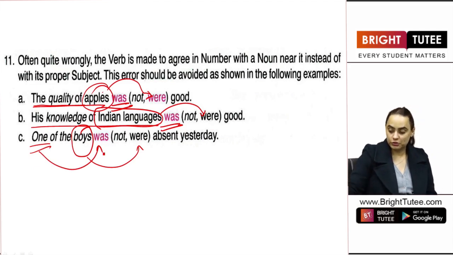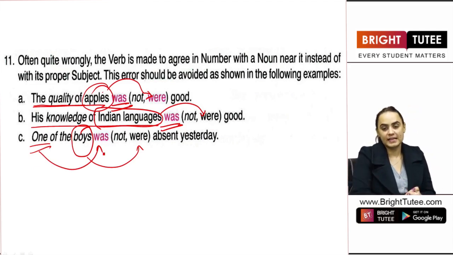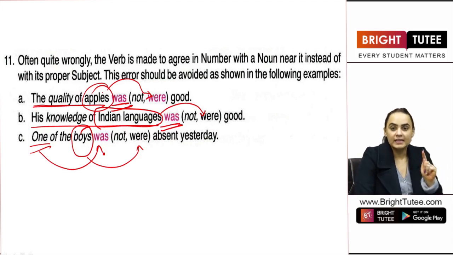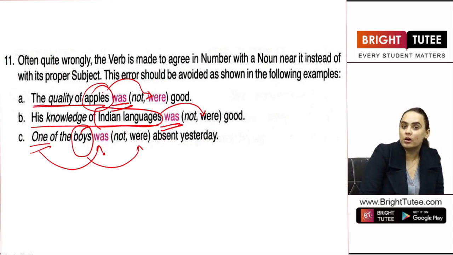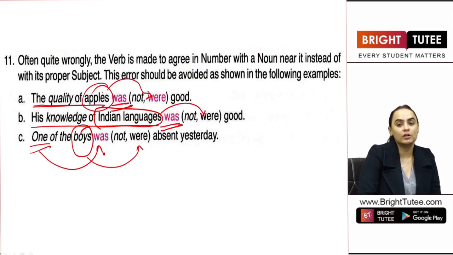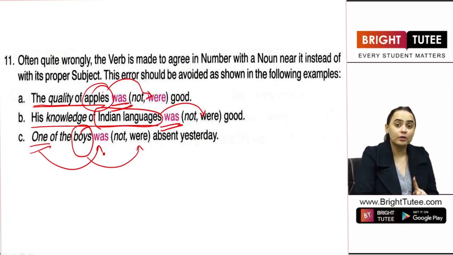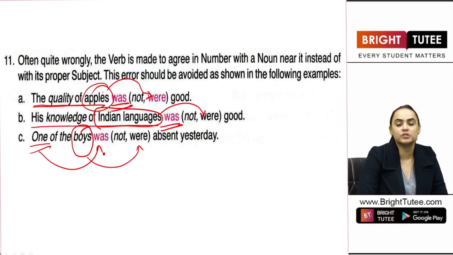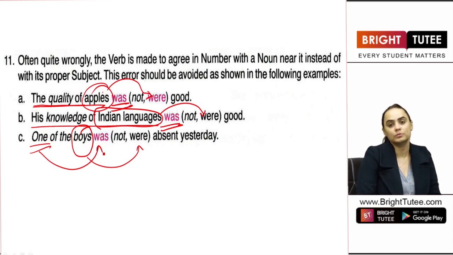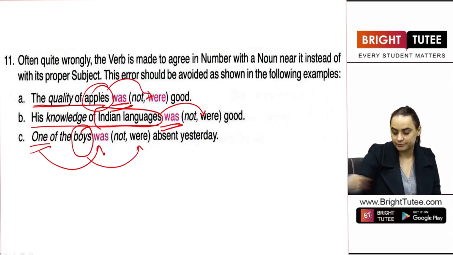So, dear students, this rule simply tells us that in a sentence we should not make a mistake of using the verb according to the noun which is closest to it. Rather, we need to identify the subject of the sentence, and according to the subject we have to use the verb. Alright?